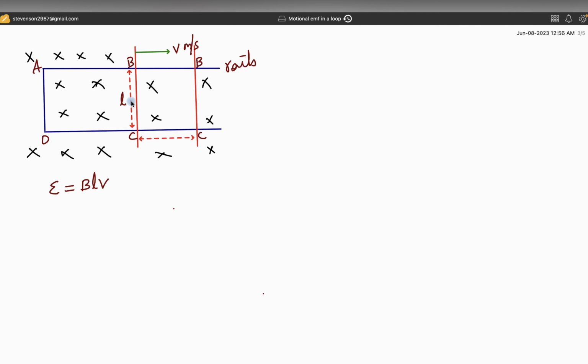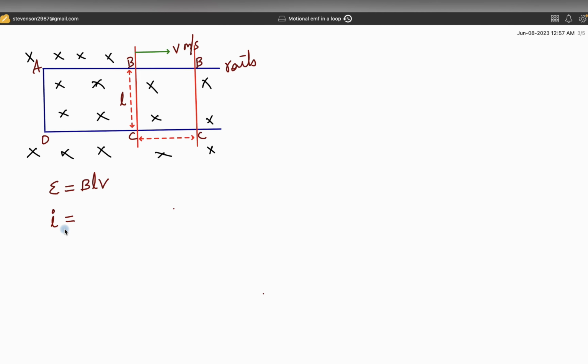Fine. But because it is a closed loop and induced EMF is there, because of the induced EMF there should be some current I flowing in the closed loop. So what is the direction of this current and what will be the magnitude of this current? Right? Let us see that.